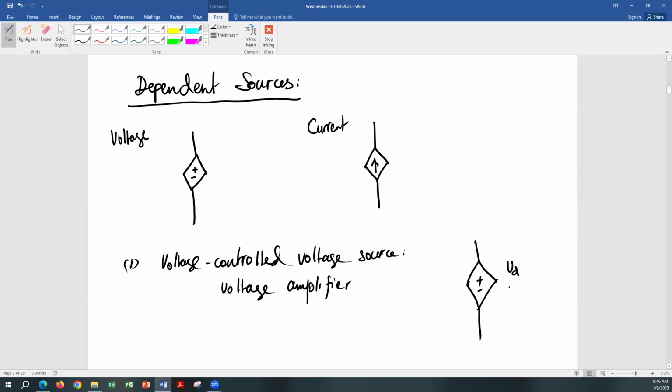VD will simply be equal to A times the input voltage, V input, where A is the amplification factor. So that dependent source is called a voltage controlled voltage source. The input voltage is controlling the value of this dependent source.